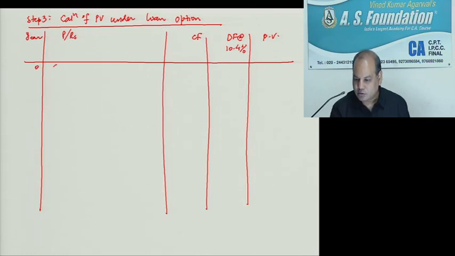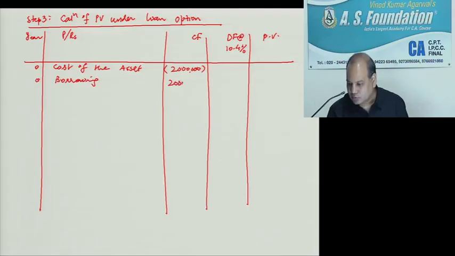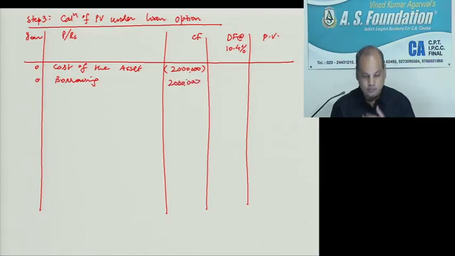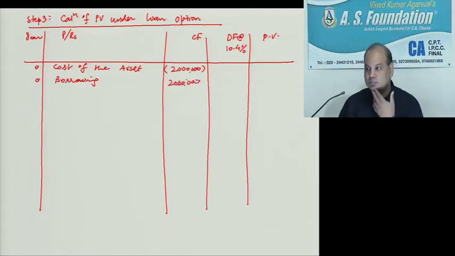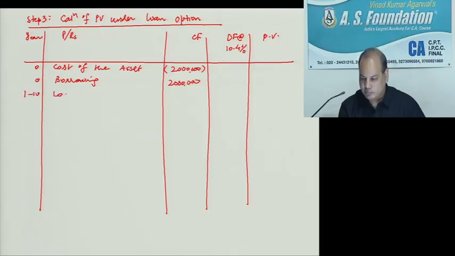Year 0, write down cost of the asset. What is the cost of the asset? 20 lakh. Year 0 borrowing, that is also 20 lakh. What else will you write now? 1-10 loan installment.